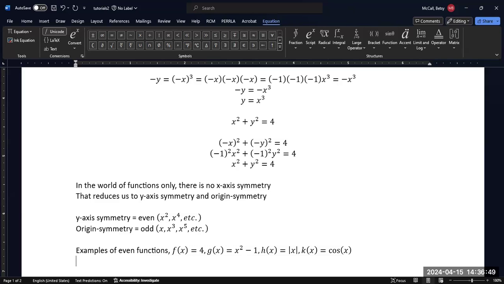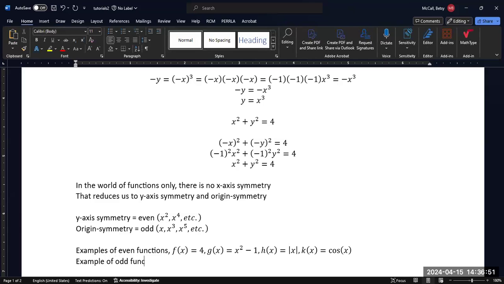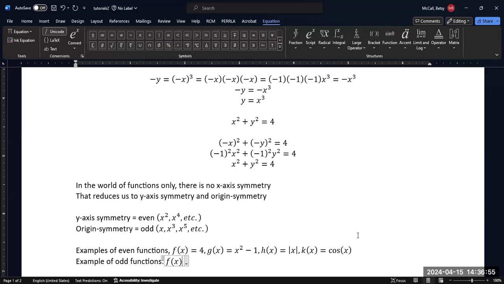And examples of odd functions would be things like, again, linear functions. If you are moving it anywhere, basically, you're going to break the symmetry because constants are even, so they're going to destroy the odd symmetry.